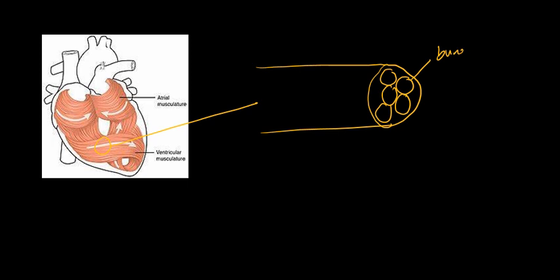So these are bundles of muscle tissue, or muscle fibers, sorry. Then if I was to extend one of these muscle fibers out further, I'm going to have my muscle fiber, which is my muscle cell.